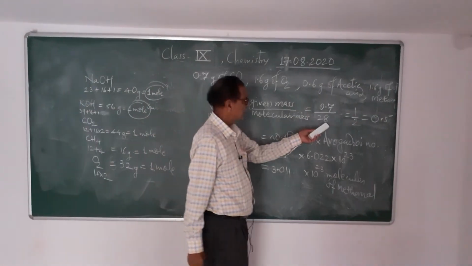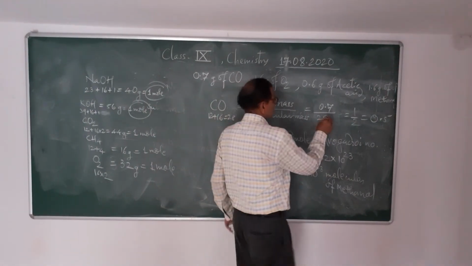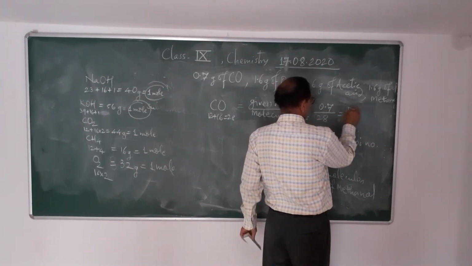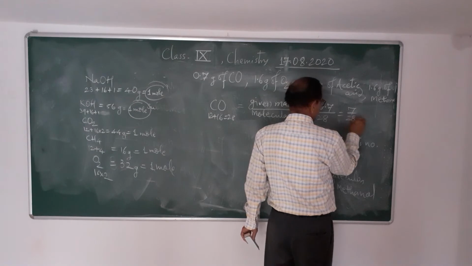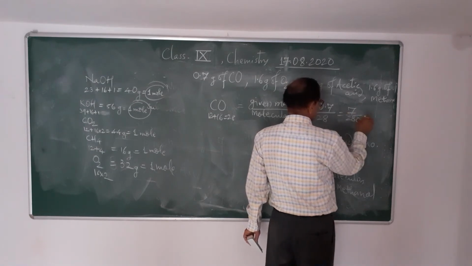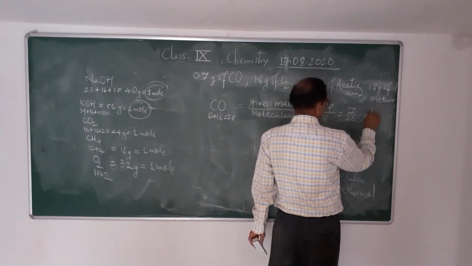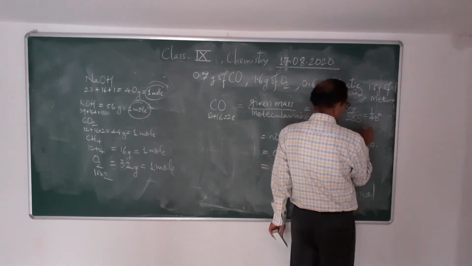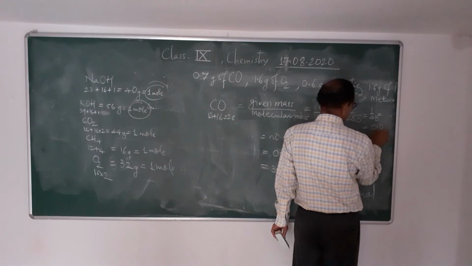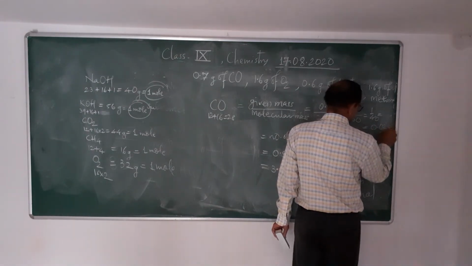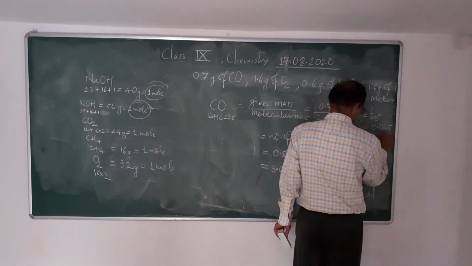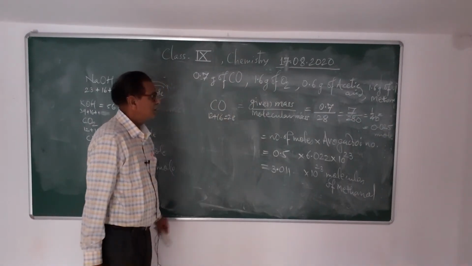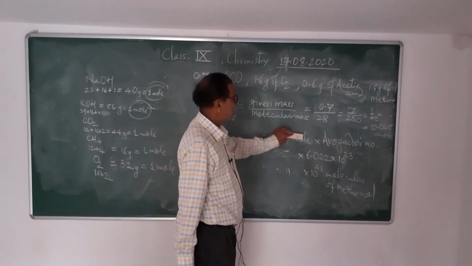So 0.7 divided by 28, we can write 7 upon 280. 7 upon 280 means 1 by 40, which is 0.025 moles.